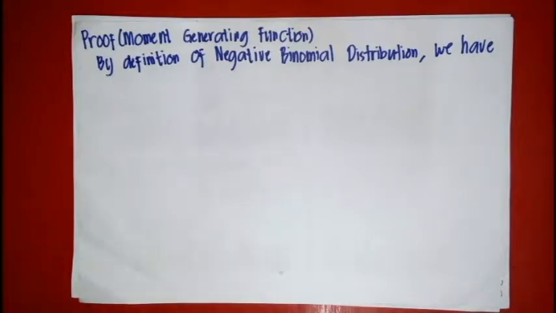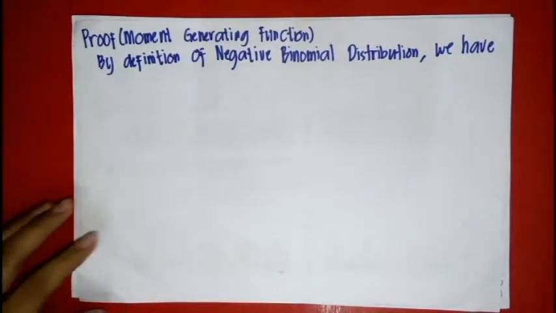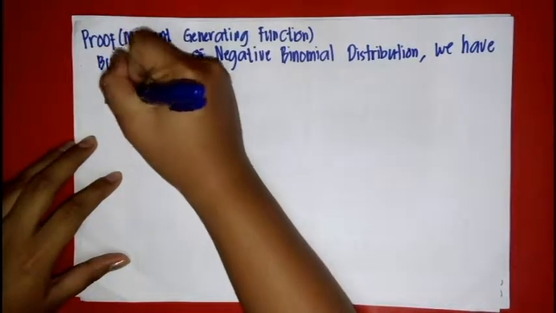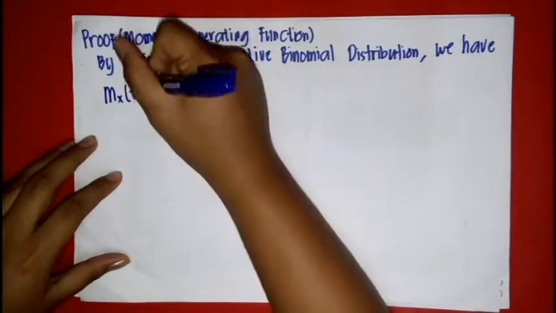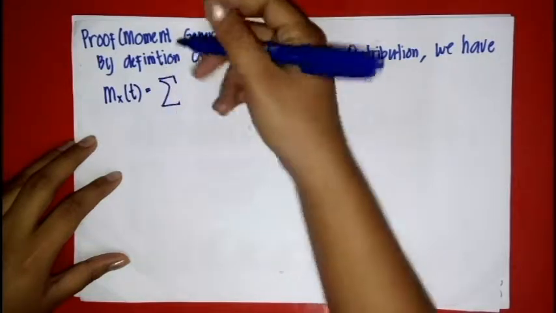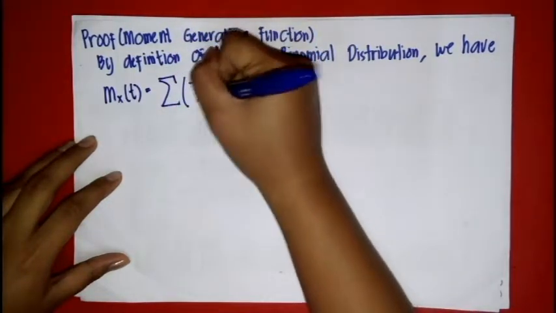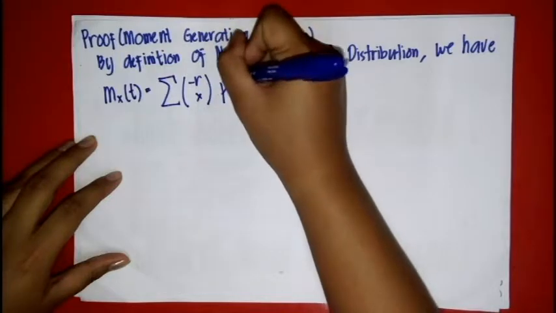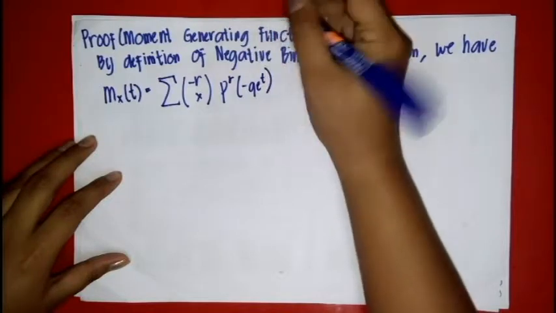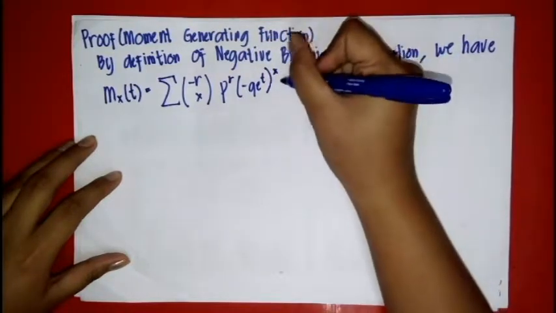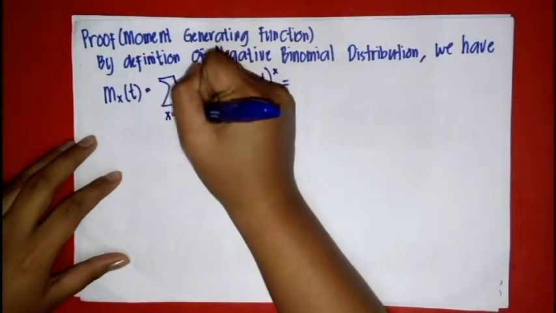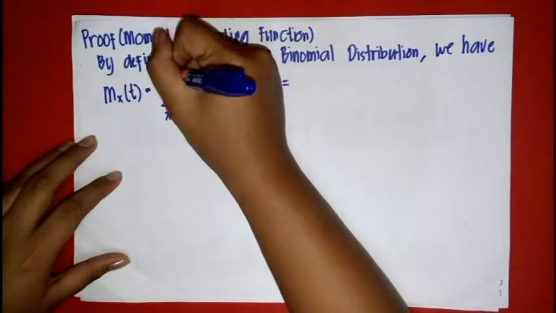Let's first prove our moment generating function. By definition of the negative binomial distribution, we have m sub x of t equal to the summation of negative r taken x times p to the r times negative q e to the t to the x, where x goes from 0 to infinity.